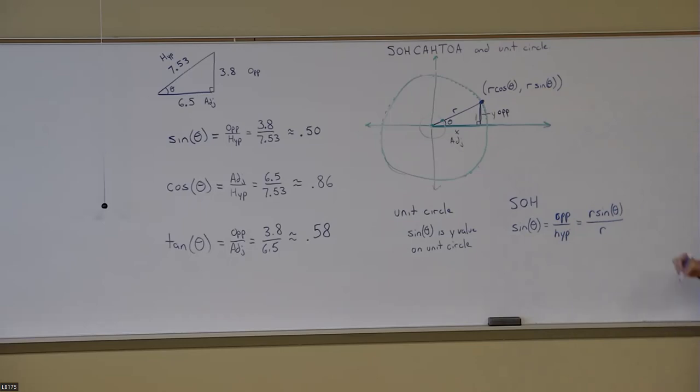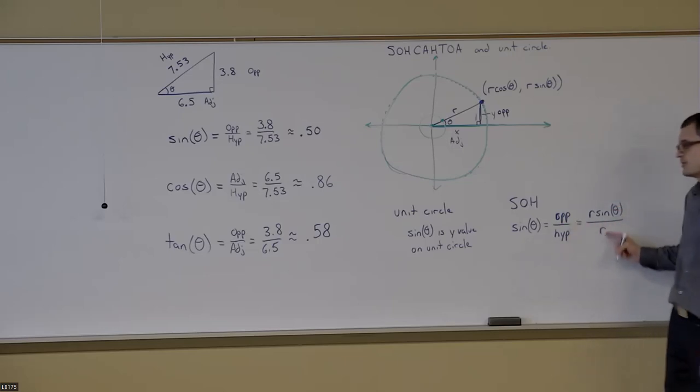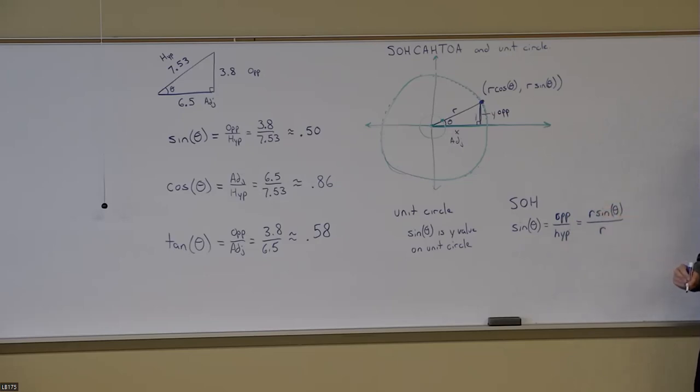So all the SOHCAHTOA part, or I should say all the SO part, is just saying, well, if we scaled this up by a factor of r, then the opposite side, the new y value, is r sine theta, and the radius is r. Instead of on a unit circle, where the radius would be 1. And so we wouldn't see that r. This should be a very obvious equation: sine of theta is the same thing as r sine theta divided by r, because the r's would cancel out here.